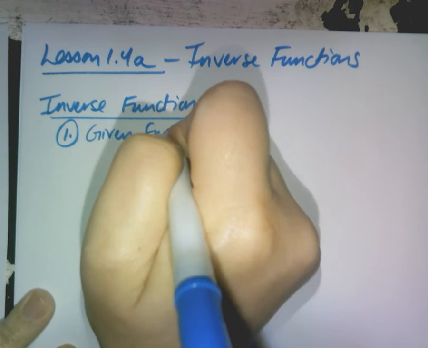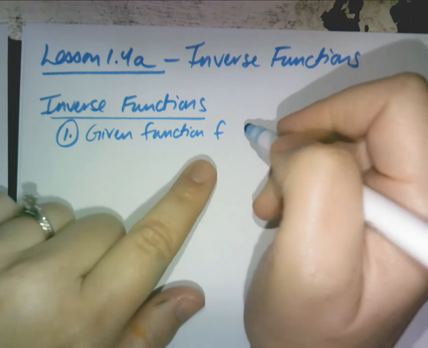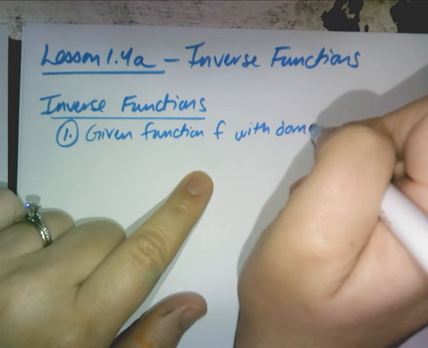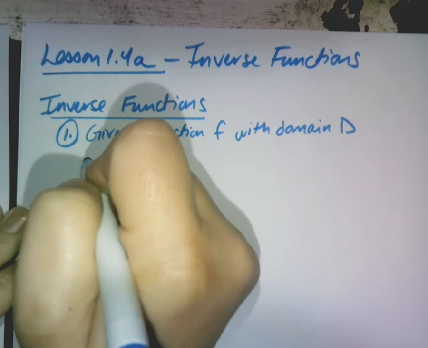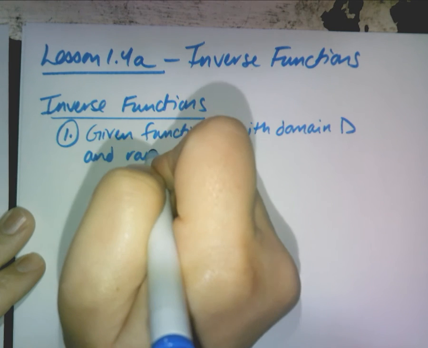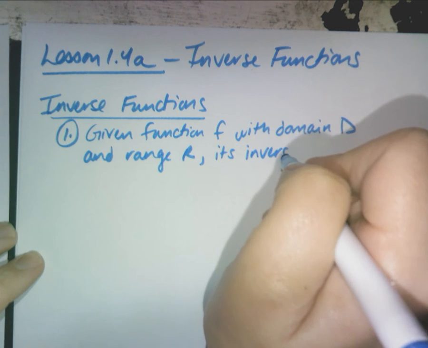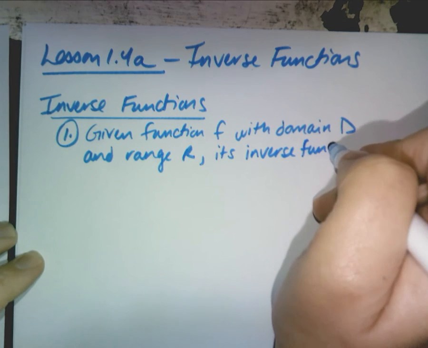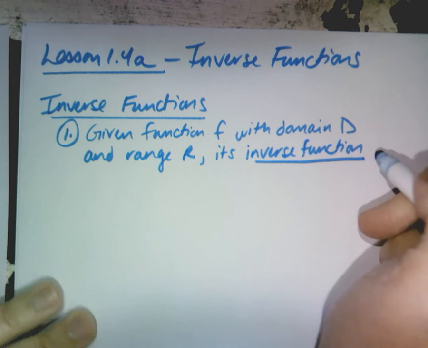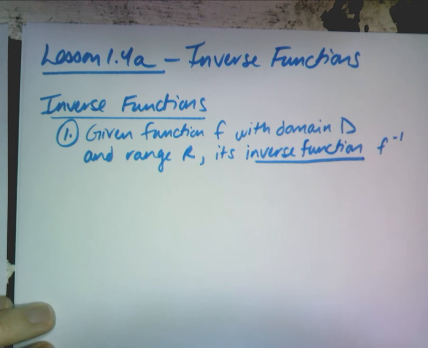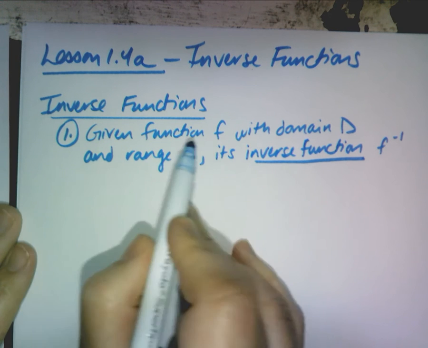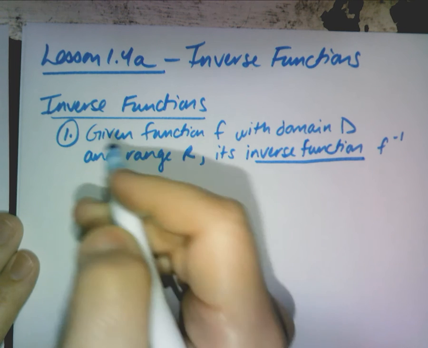Given a function f with a domain of D and a range R, its inverse function, and the way that we use that notation is, it looks like f to the -1, but that's just the notation for inverse function. Same with trig, sine to the -1 is actually inverse sine, okay, when we get to that.